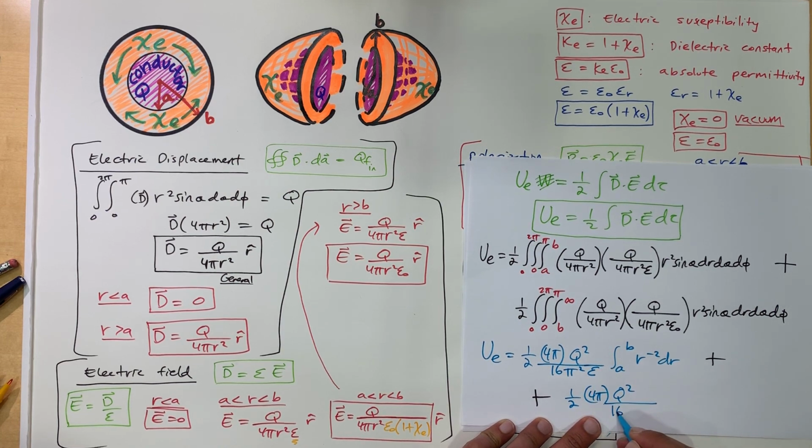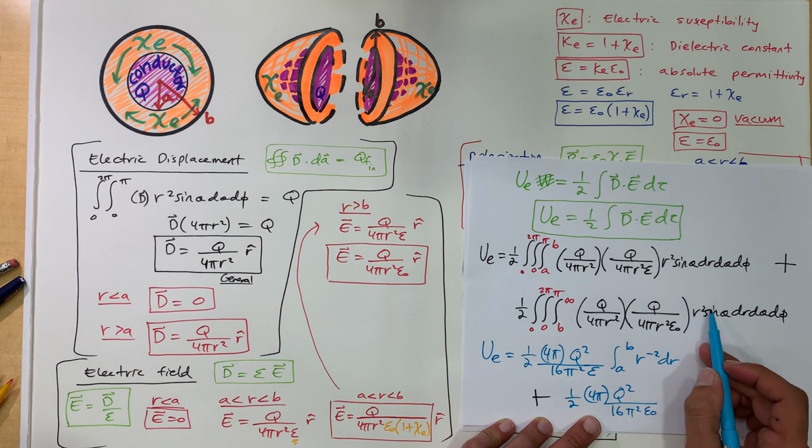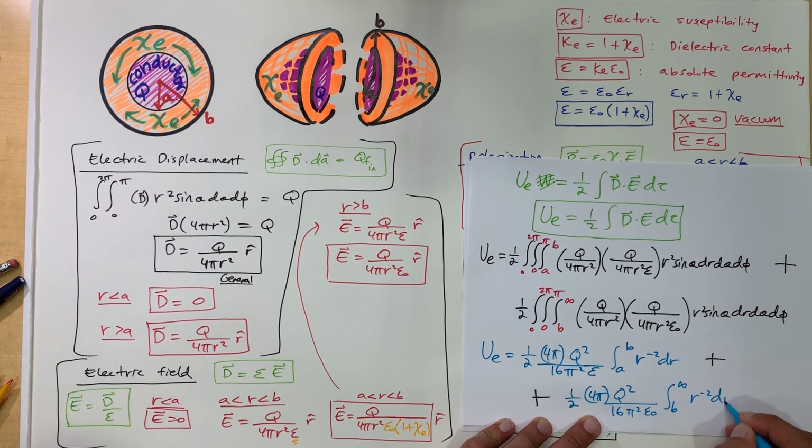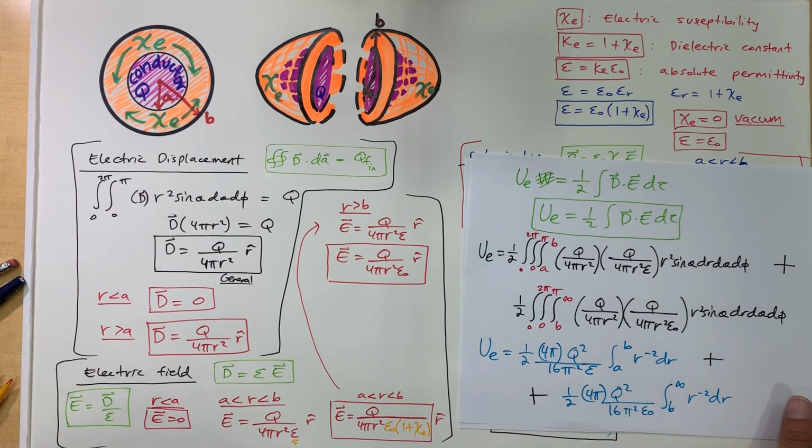Again, we got 16 pi squared. Epsilon naught can come out, and again we're left with r to the 2nd on the bottom, so we have to evaluate this integral here, r to the 2nd dr. Okay, so these are the 2 integrals we have.